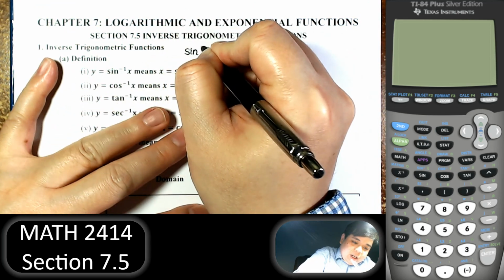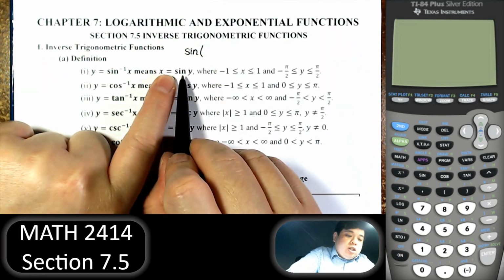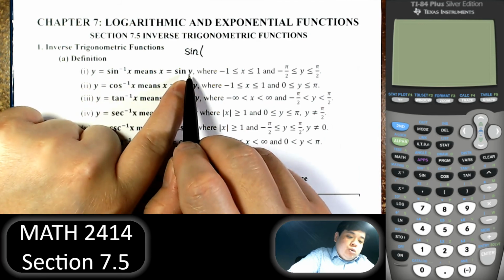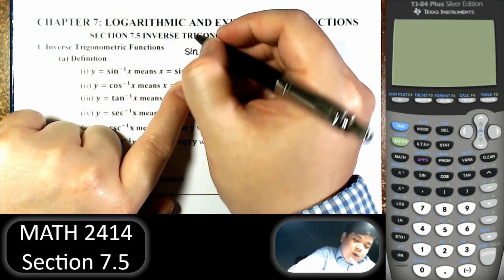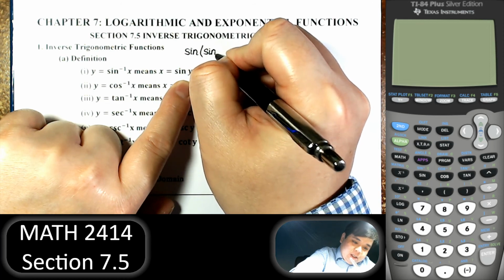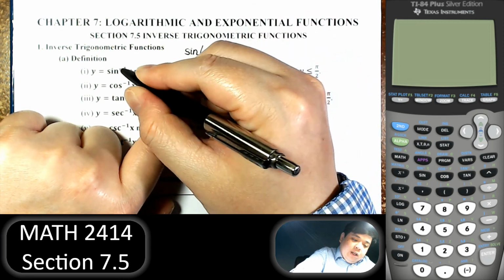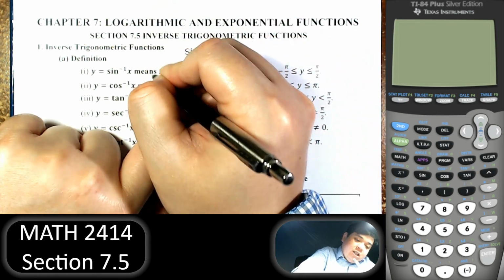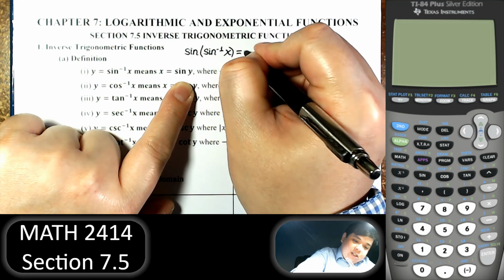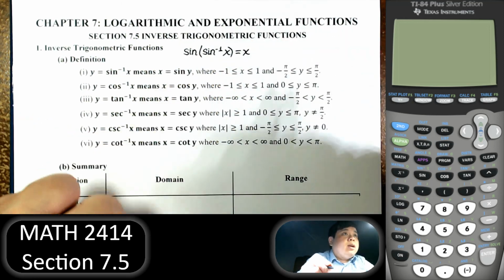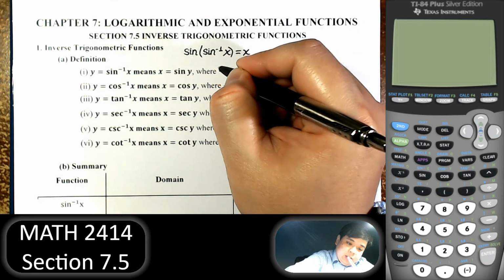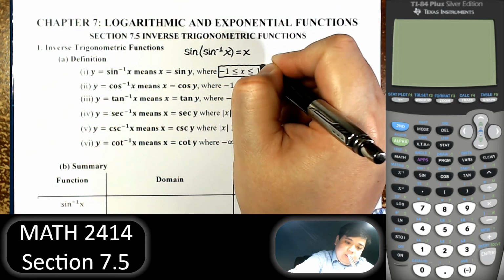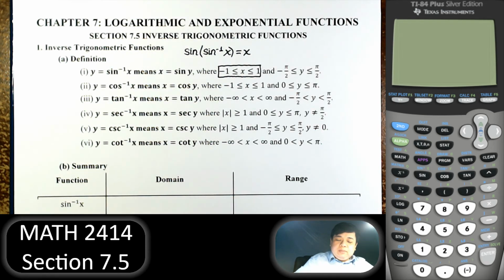So if we substitute y equal to sine inverse of x into this, we have sine of sine inverse of x, and that is equal to x. But it only works if x is between -1 and 1.